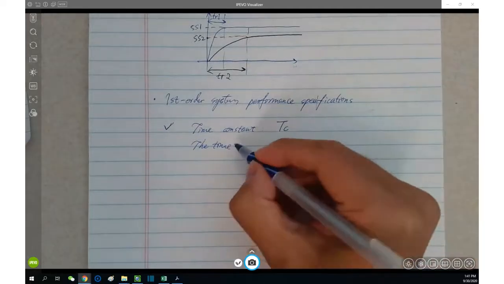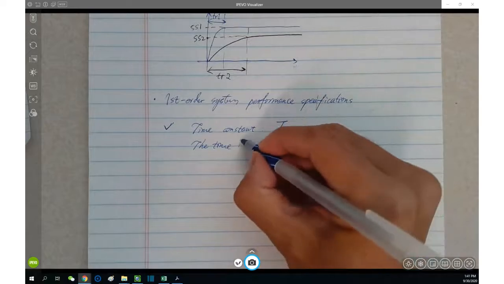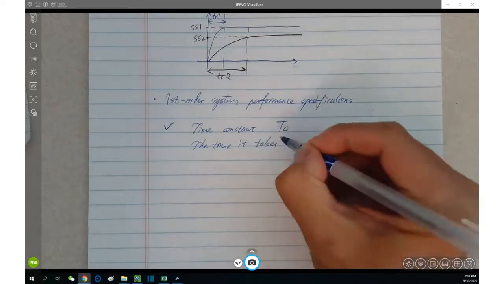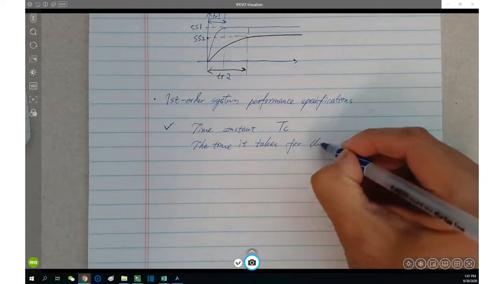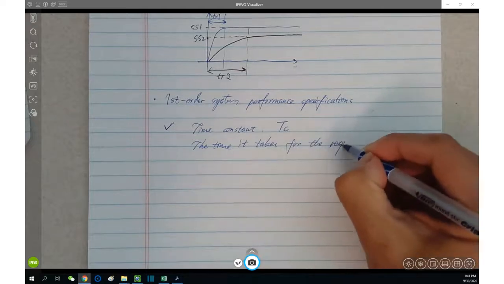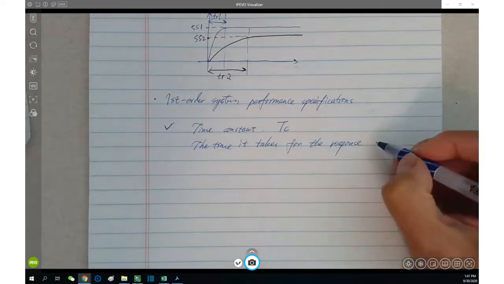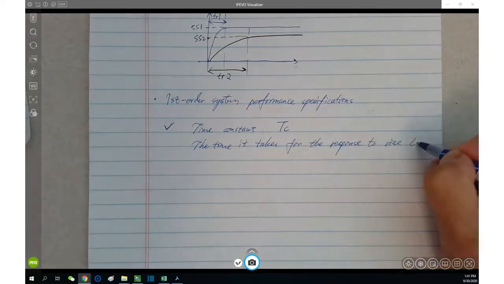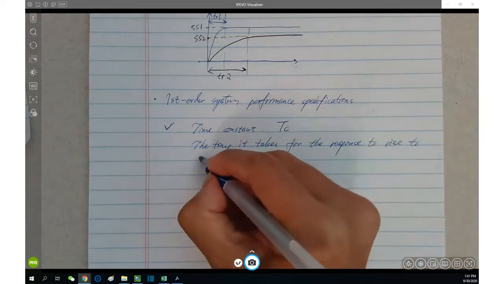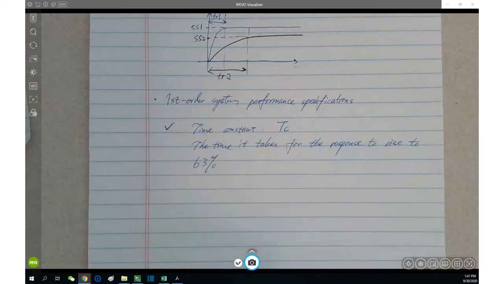It is the time it takes for the response, which is an output, to rise to how much? I think most of you remember this number, right?